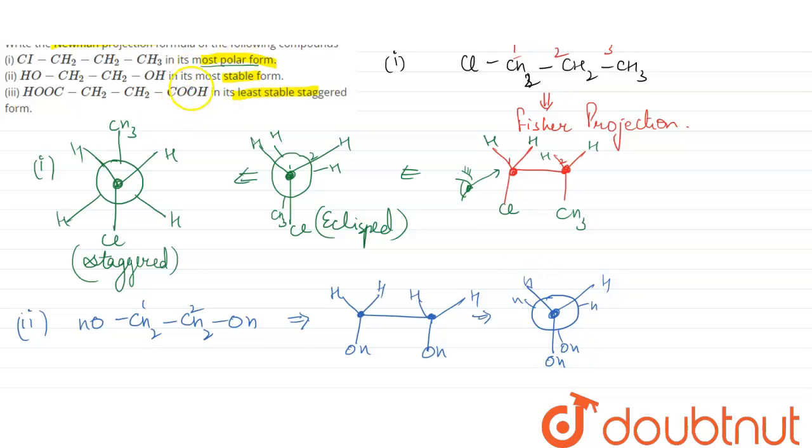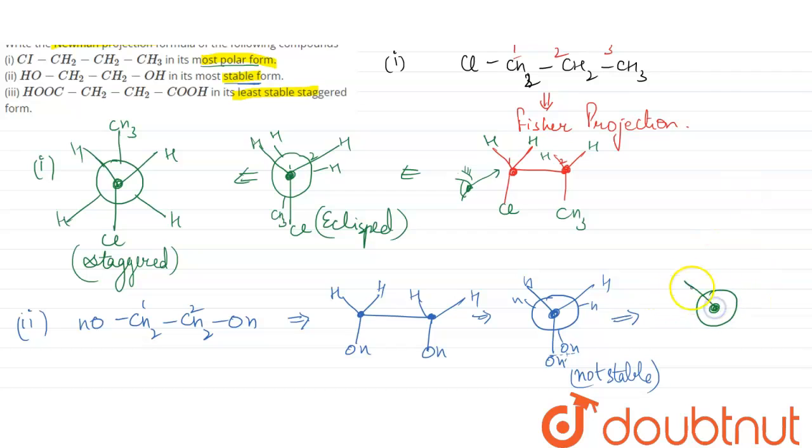Now they have asked which is the most stable form. You can see here hydrogen and oxygen always tend to form hydrogen bonds, this oxygen with this hydrogen. So it is not a stable structure. To make it stable, we are gonna make the staggered form, which will be like this.